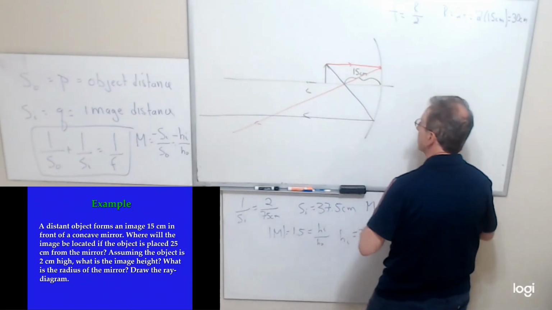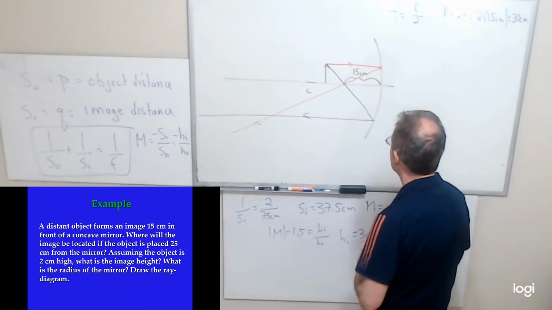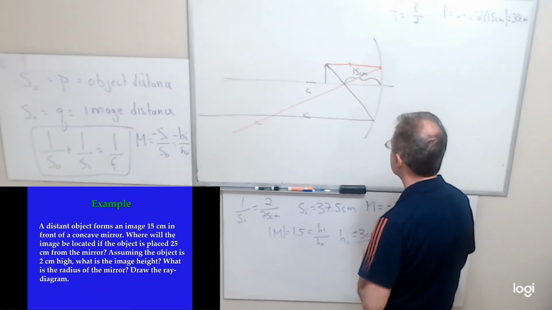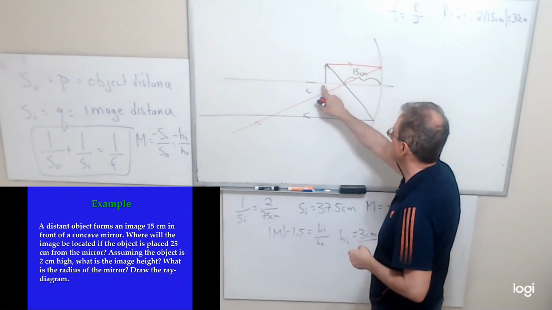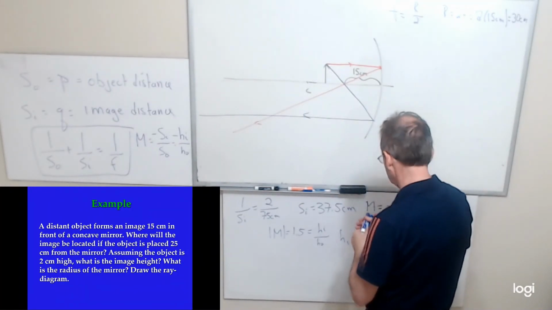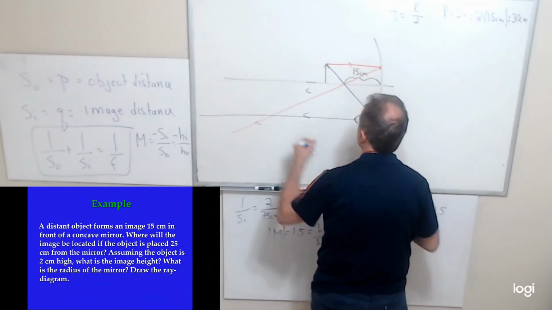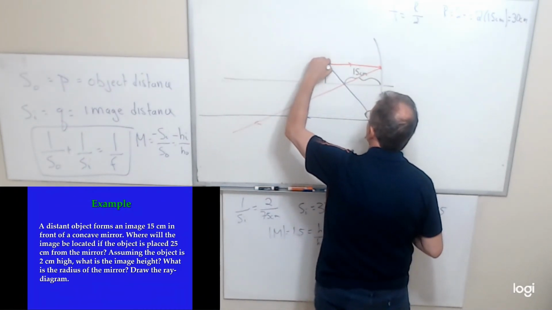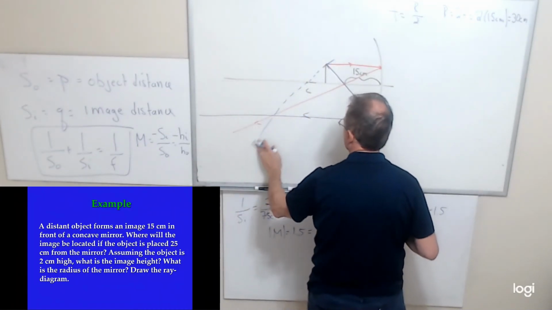And then the one that goes through the center, that one's hard to draw because the object is inside the center. I mean, we can try to draw that, but it's not very good.